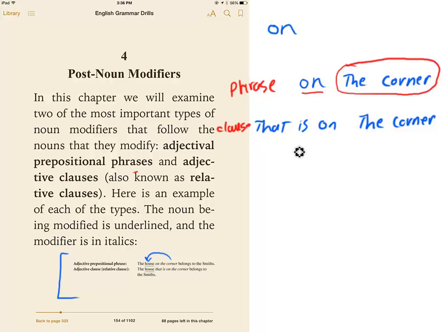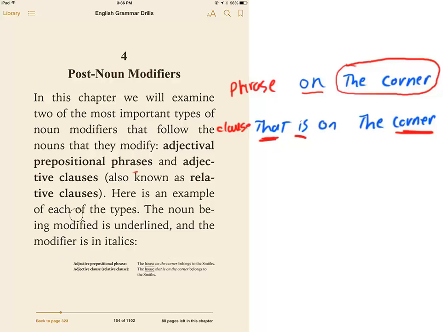A clause has both a verb and a noun. It has both a verb and a noun: that is on the corner. Is is the verb, and the corner is the noun. It just has an extra word in it, which is the verb. So a clause will always have a verb and a noun, and a phrase only has the noun. All right, so that's the difference, and oftentimes you can identify the clause with the word that, but we're going to see that it has a verb and a noun. Okay, so that's the difference.